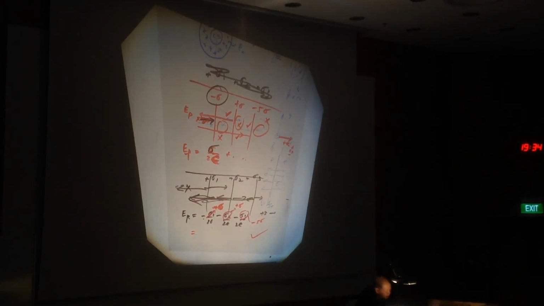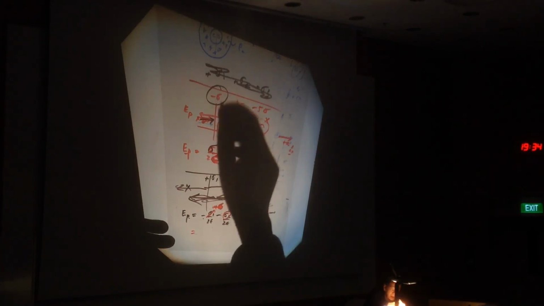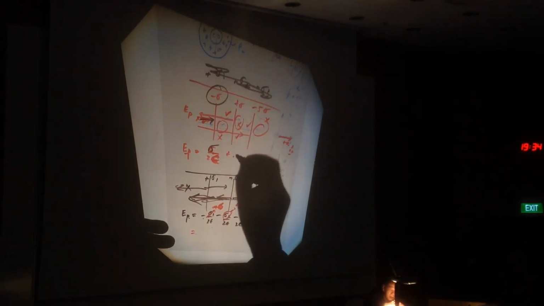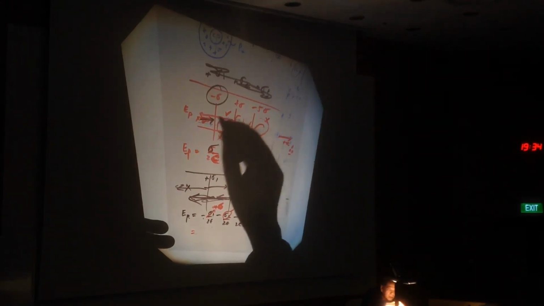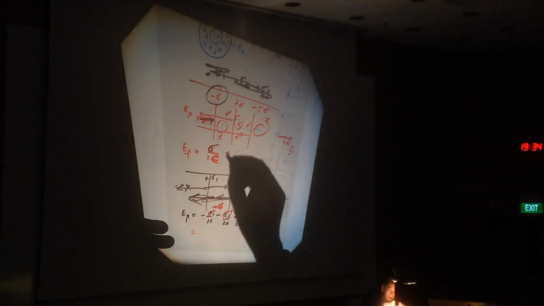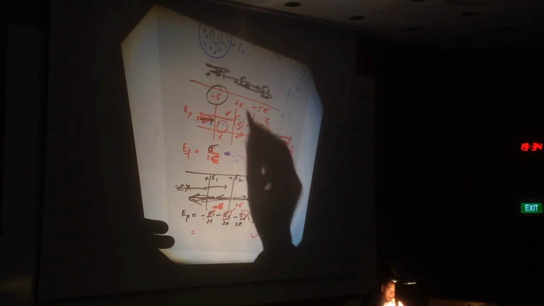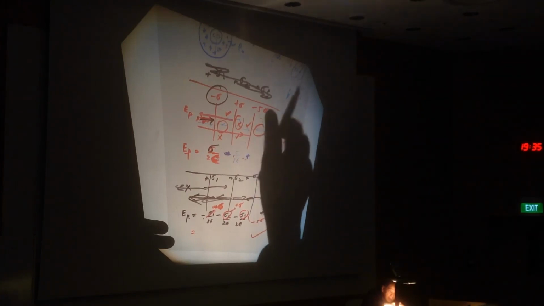So let's do the top one first, using this method. This one is plus sigma, all positive here, plus sigma upon 2 epsilon. This one was negative, minus sigma upon 2 epsilon. And this one going to the right, plus sigma, because always minus here.